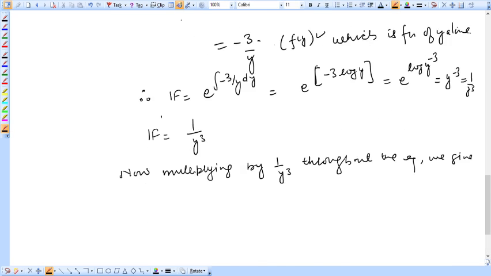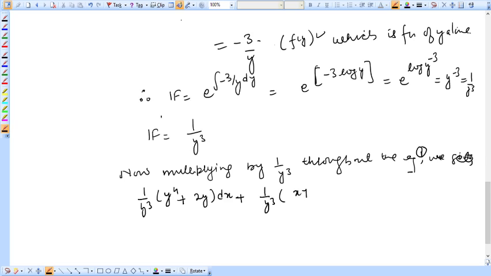Throughout equation 1, we get 1 over y cube times (y to the 4 plus 2y) dx plus, multiplying throughout, (x y cube plus 2y to the 4 minus 4x) dy equal to 0.